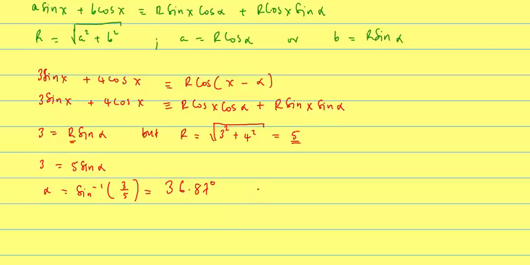So it follows that 3 sine x plus 4 cos x is identical to 5 cos of (x minus 36.87 degrees). Well, this is the general process for expressing an equation of this form here into one of the trig ratios. Thank you for watching.